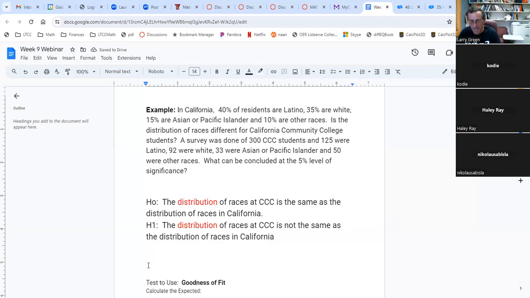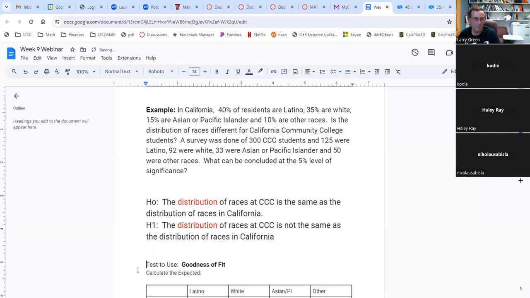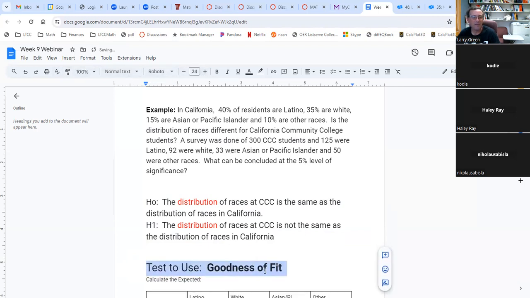To do that, we're going to have to decide the test to use. And the test we're going to use is the goodness of fit test. And often I'll ask you, what test should you use? And in this case, this is a goodness of fit test. Okay, and that's because the goodness of fit test is used when you have a known distribution.